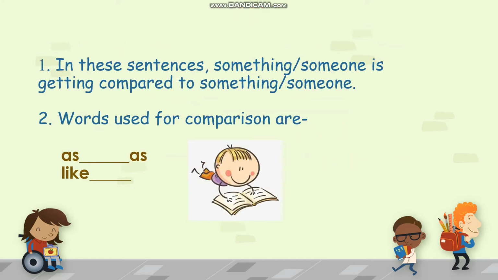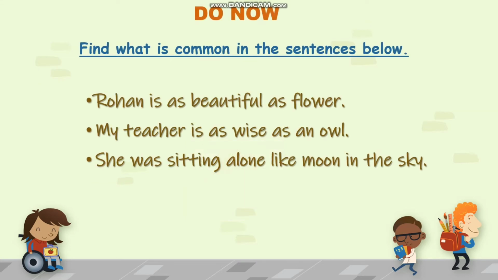First thing that is common is in these sentences something or someone is getting compared to something or someone. Basically हम एक चीज को बाकी चीजों से कंपेयर किए. For example, first sentence में Rohan is getting compared to a flower. Rohan is as beautiful as a flower. तो हम दो चीज को कंपेयर कर रहे हैं, रोहन को और फ्लावर को.